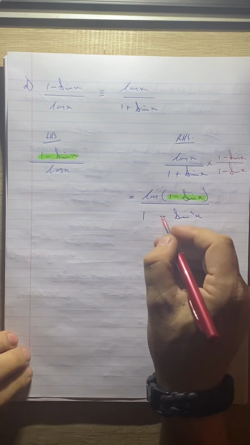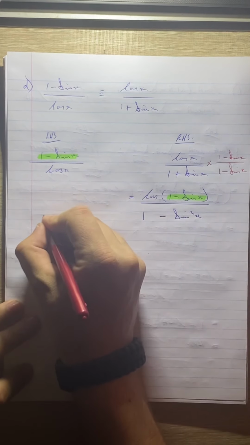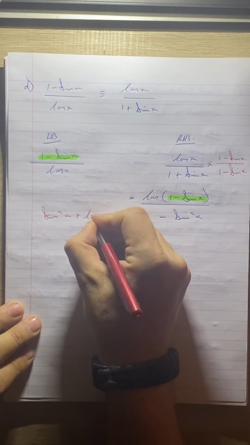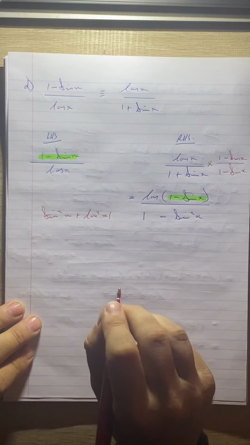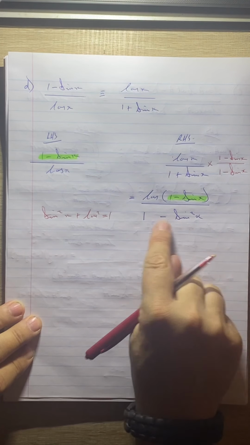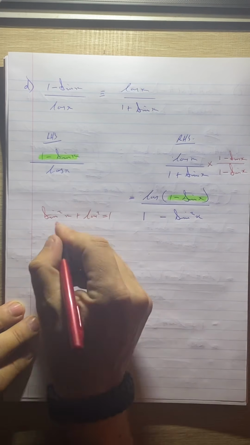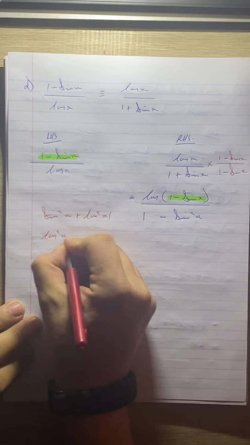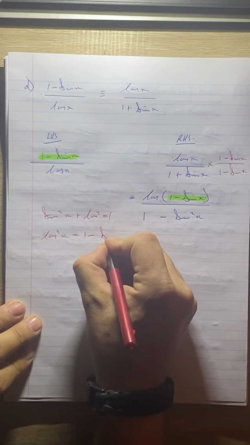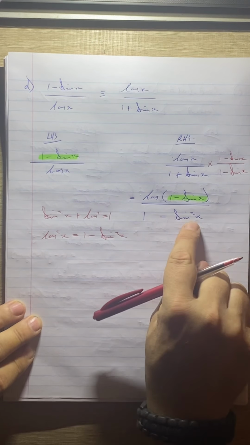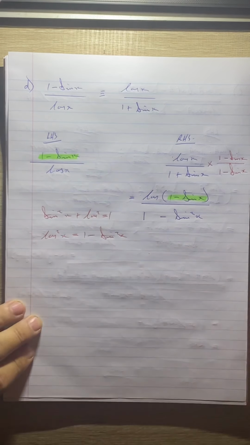So what I'm going to do with this thing here, again, is use my square identity. And we know that sine squared x plus cos squared x is equal to 1. So I'm going to take the sine squared x to the other side, and we get cos squared x is equal to 1 minus sine squared x. And I'm going to replace that 1 minus sine squared x with cos squared x.